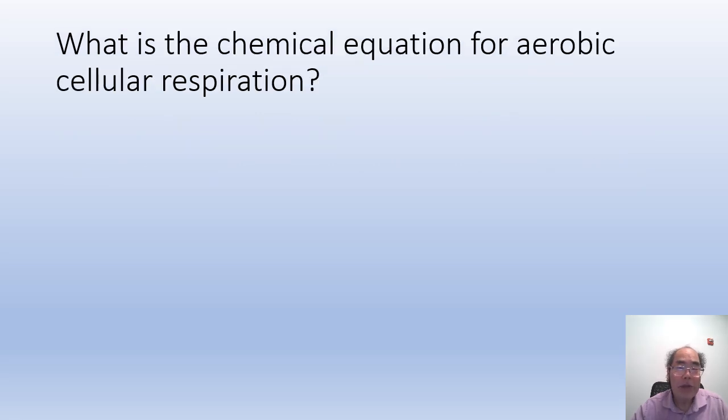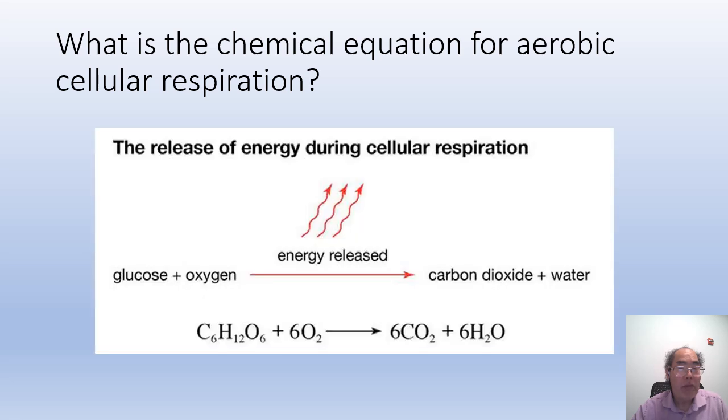What is the chemical equation for aerobic cellular respiration? Please answer. The chemical reaction is glucose plus 6 molecules of oxygen is converted to 6 molecules of carbon dioxide and 6 molecules of water and energy in the form of ATP.